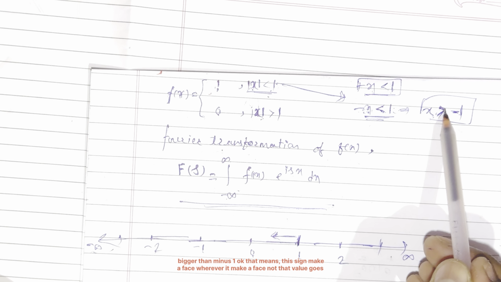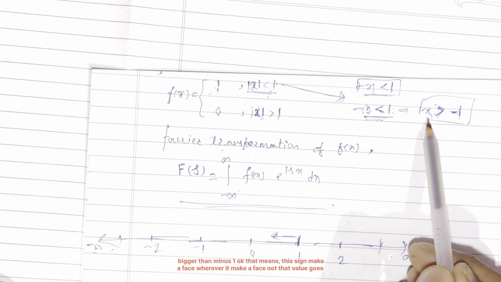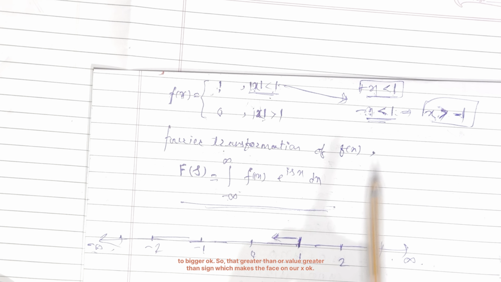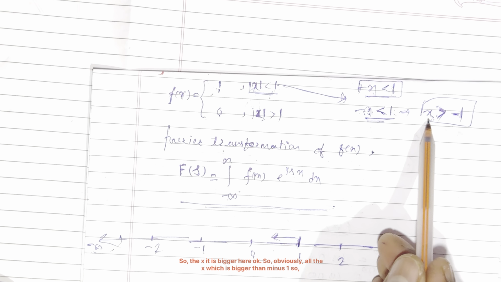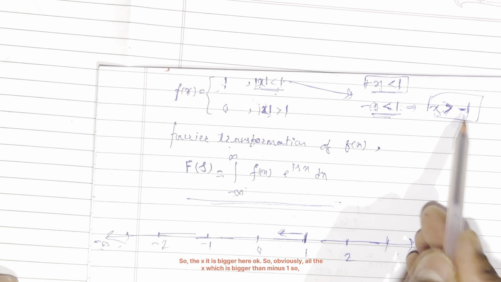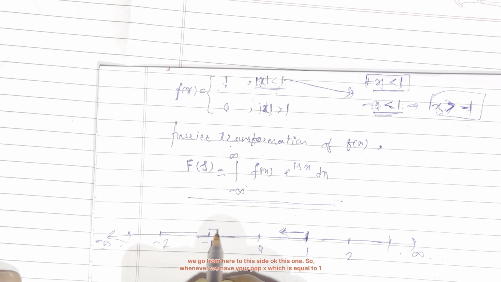That means this sign makes a face, wherever it makes a face, that value goes to bigger. So the greater than sign which makes the face is on our x, so the x is bigger here.